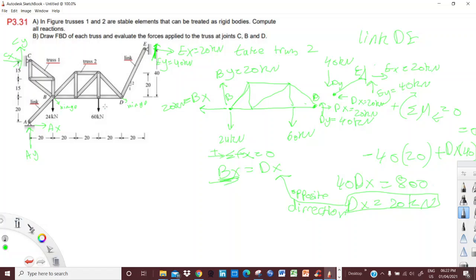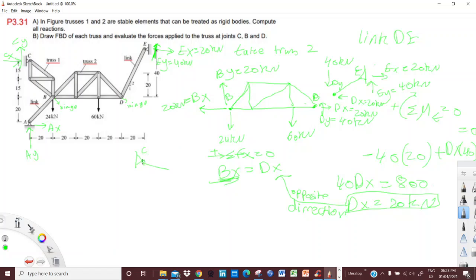Then we need to find the internal hinge at C. If I find the internal hinge, we only need to split the structure twice. So where is the structure at C?